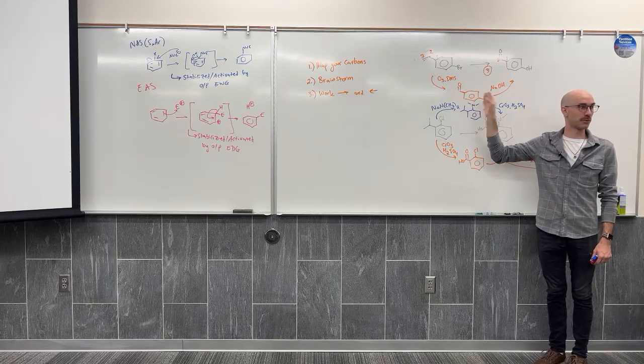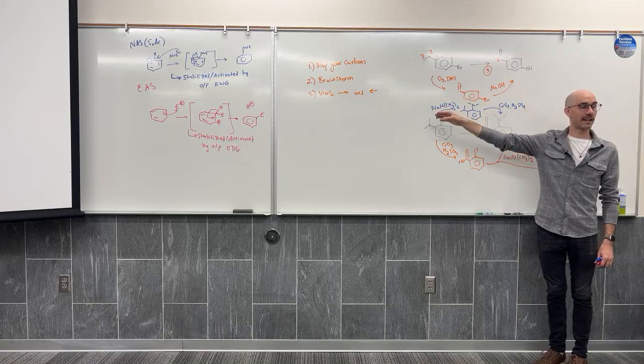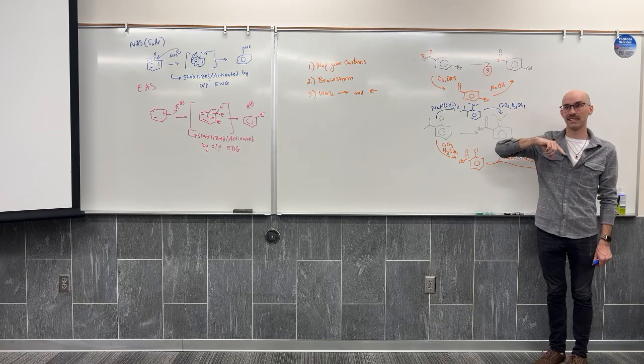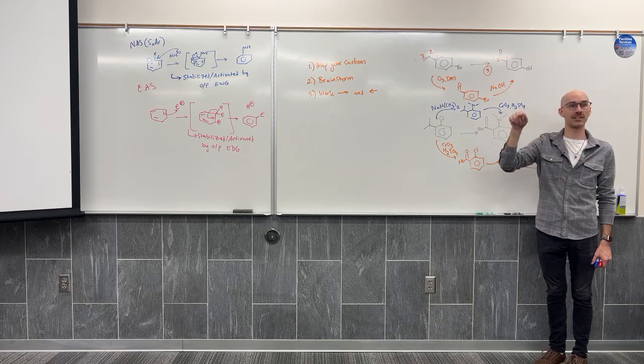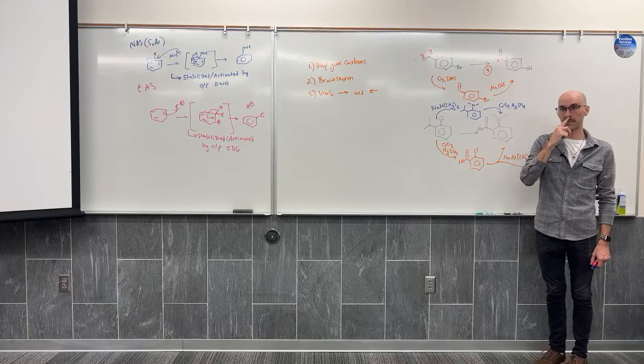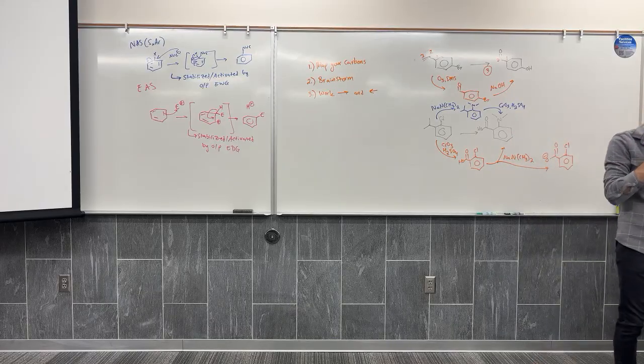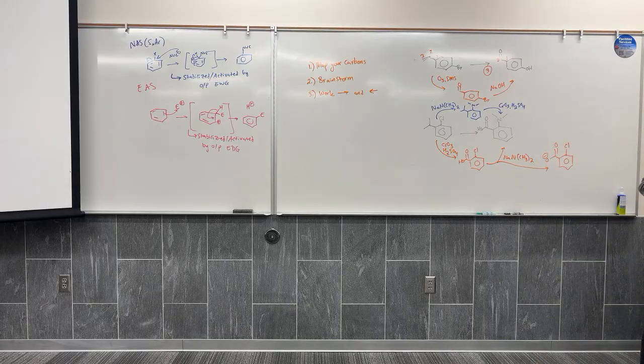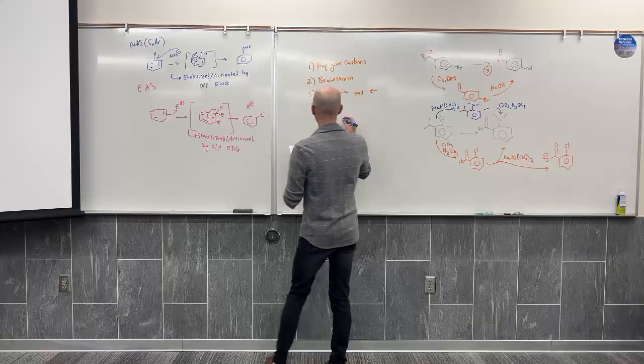NAS was as simple as a negatively charged nitrogen or a negatively charged oxygen. EAS has these 6 variations that we're going to see. And we're going to spend more time on that tomorrow. But I want to spend the rest of my 3 minutes introducing those electron withdrawing and electron donating groups in more detail.